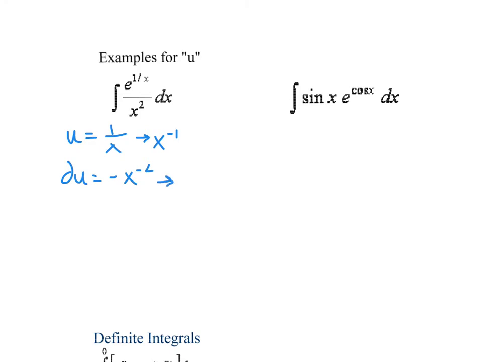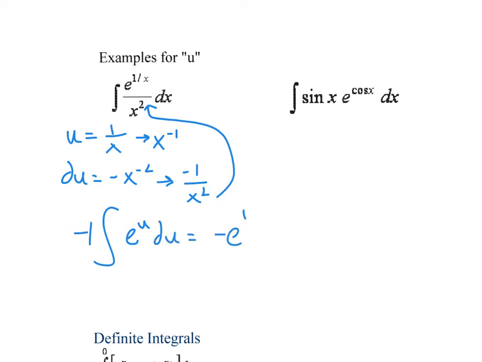That is the same thing as negative 1 over x squared, which is actually here. So now I can integrate negative 1, factor that out, e to the u du, and then it just becomes negative e to the 1 over x plus c.